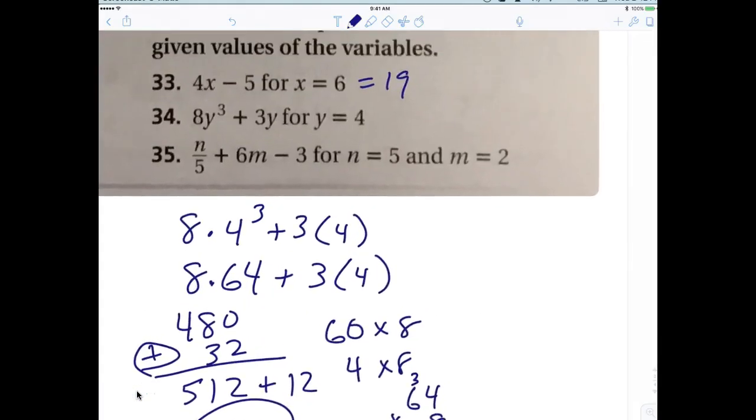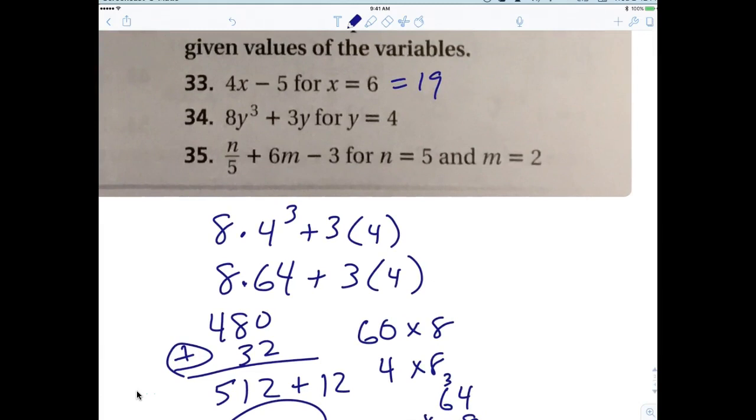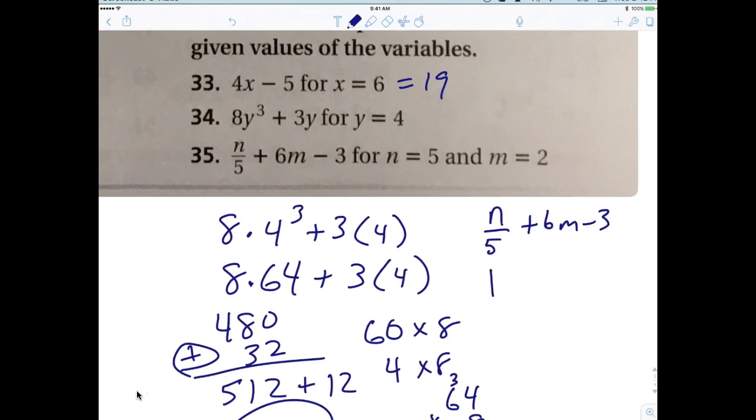All right, so now, Avery, you're up. All right, so we're doing 35, right? Yeah. So we're doing, hold on a minute, let me write it down. N over 5 plus 6m minus 3. So what's, oh, this one's not hard. So tell me, what would I do first? 5 by, very good, which is? 1. Perfect.